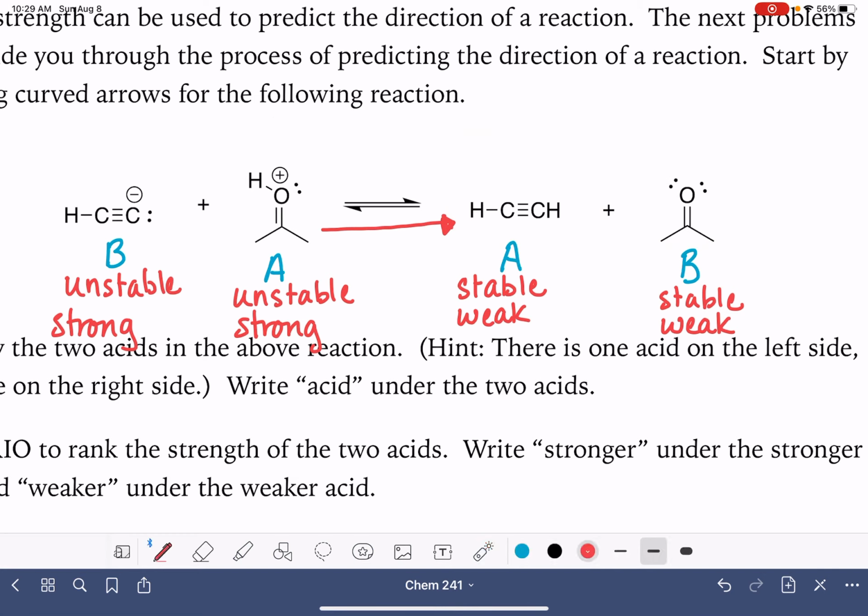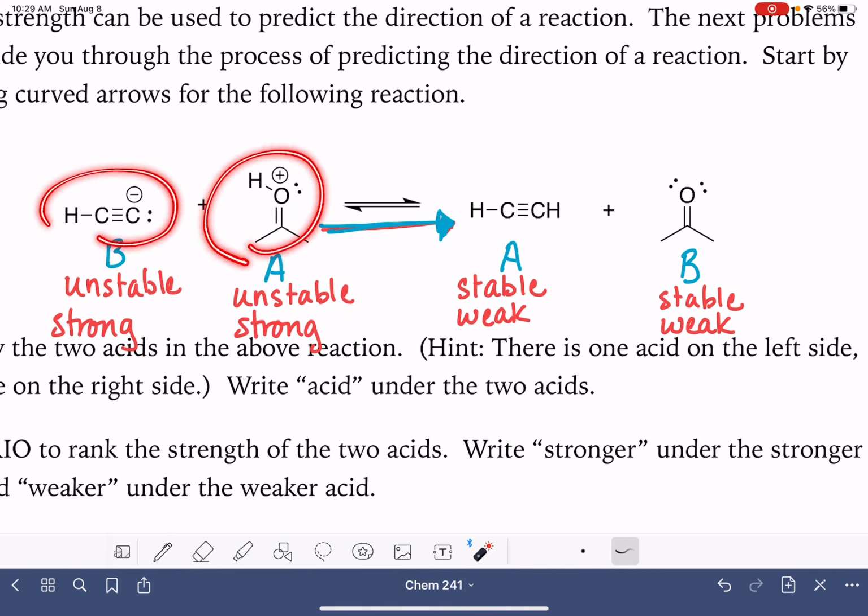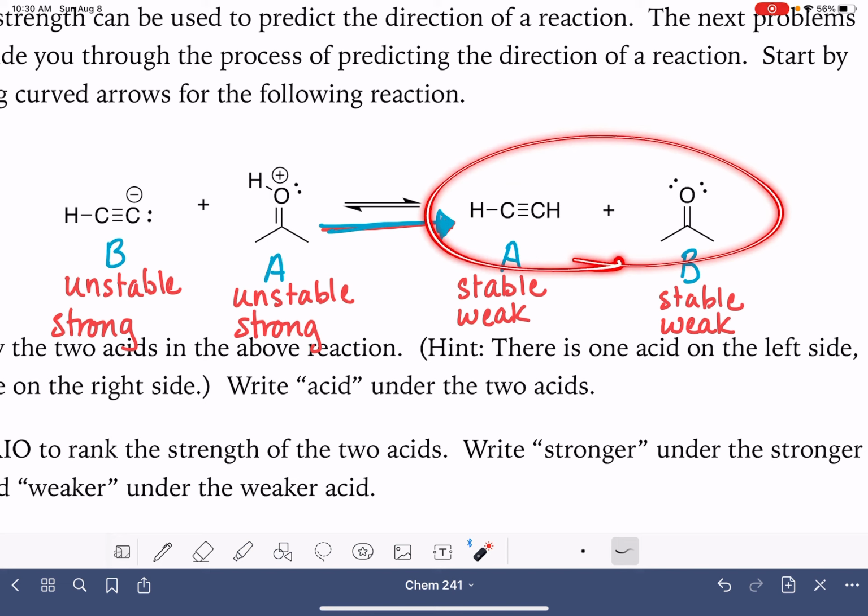So this idea that the reaction proceeds from left to right is supported not only by these predictions we made, but also by our chemical intuition, that these molecules over here are definitely the preferred and logical products of the reaction.